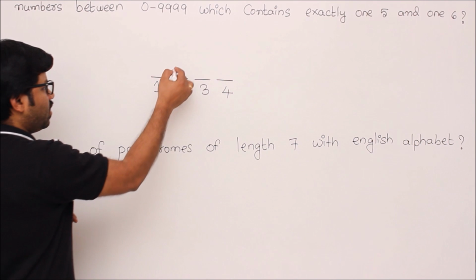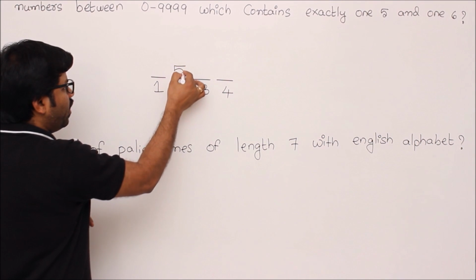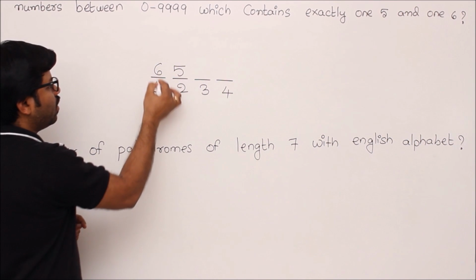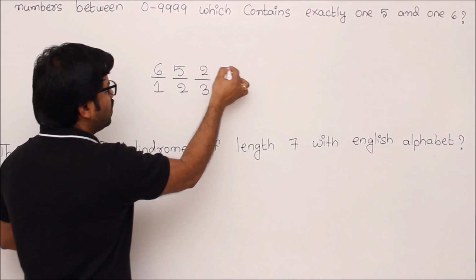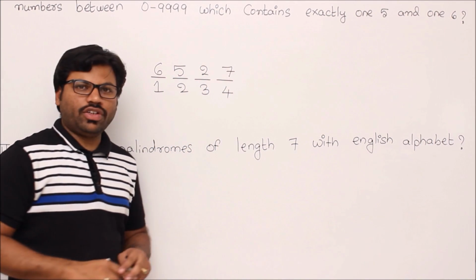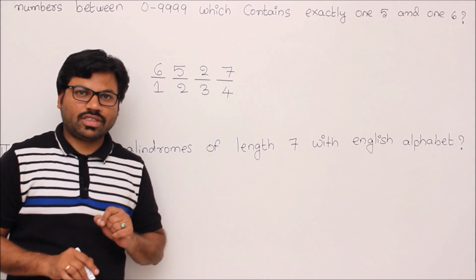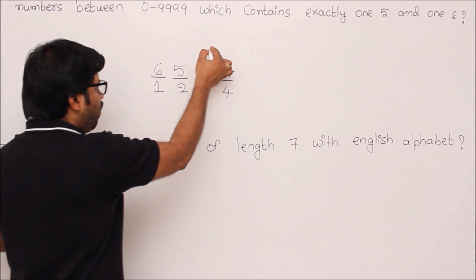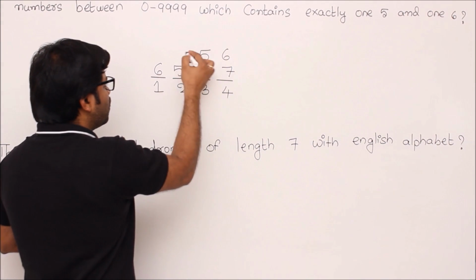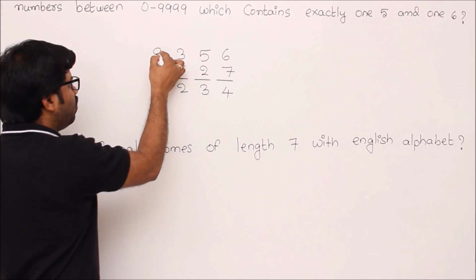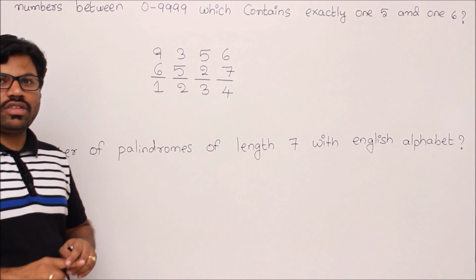Then I get maybe 5 here, 6 here, something 2 here, 7 here. So this is a solution for our problem, but we want to count the total number of such solutions. Then writing 5 here, 6 here, something 3 here, 9 also will give you some solution.